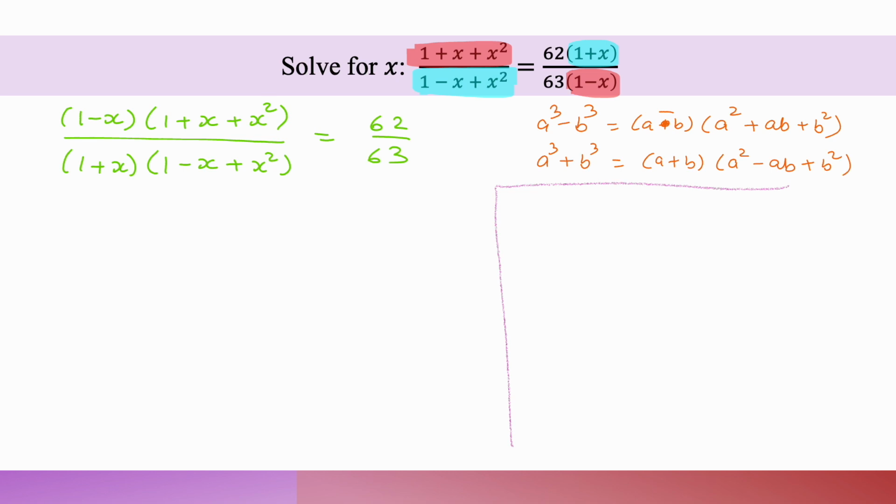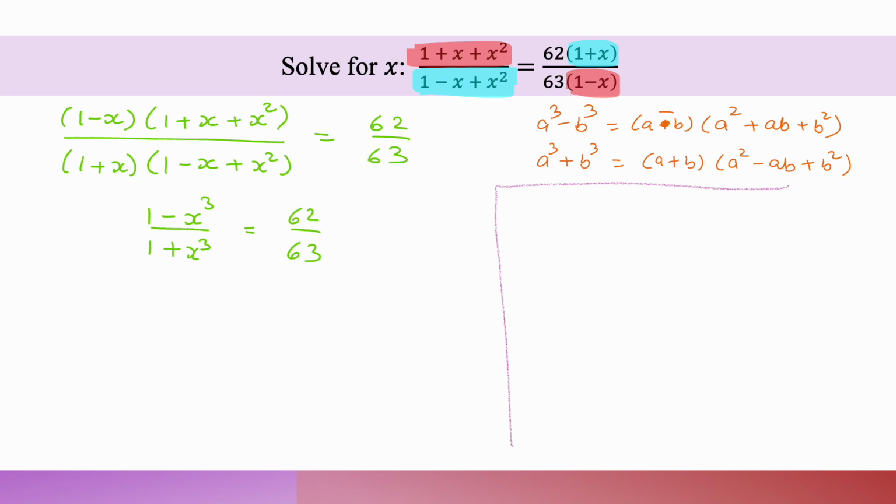So in the question, the value of a is 1 and the value of b is x. So we get (1 minus x) cube upon (1 plus x) cube is equal to 62 upon 63.